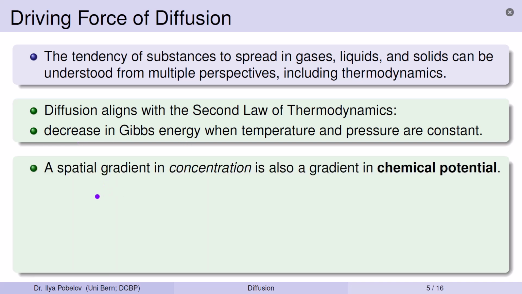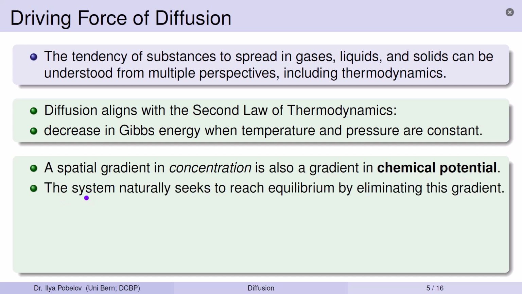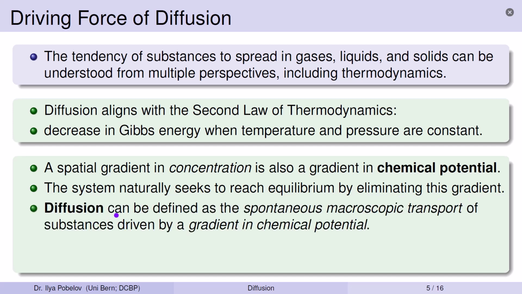In terms of thermodynamics, a spatial gradient in concentration also represents a gradient in chemical potential. The system naturally seeks to reach equilibrium by eliminating this gradient. Therefore, diffusion can be defined as the spontaneous macroscopic transport of substances driven by a gradient in chemical potential.